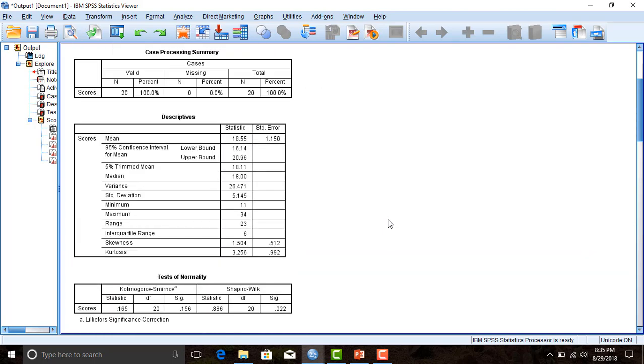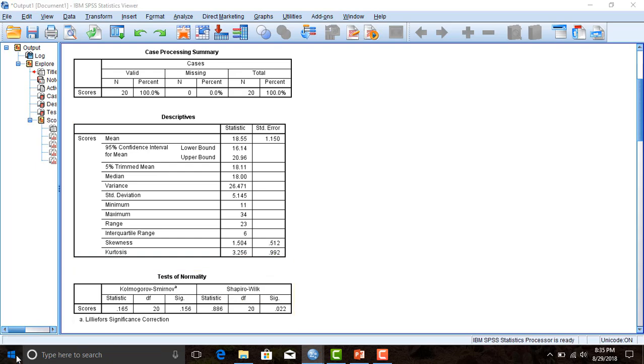But if we go up at the bottom of your descriptives box, you've got a skewness value right here of 1.504. And what we're going to do is take that 1.504 and divide it by the standard error, if you see this column here, the value right next to the skewness value, 0.512.